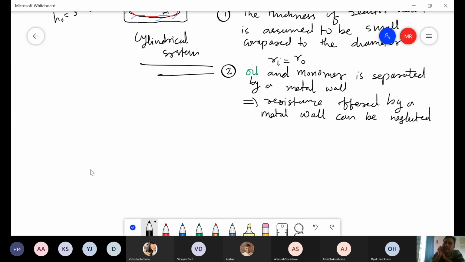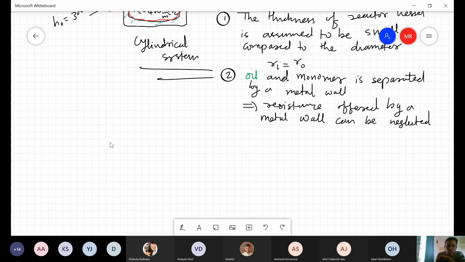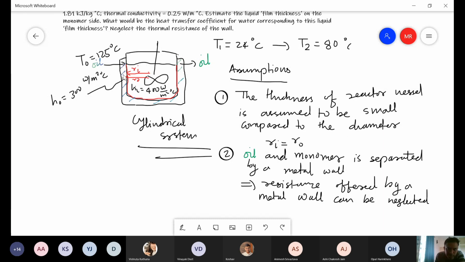So now with these assumptions, what we can write down here is, remember what is happening: heat transfer is taking place on the oil side, heat transfer is taking place on the monomer side, and heat transfer is taking place through this metal wall. But the heat transfer resistance through this metal wall we have neglected, isn't it?